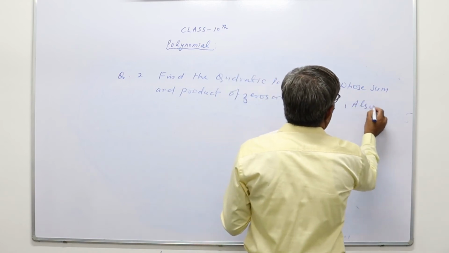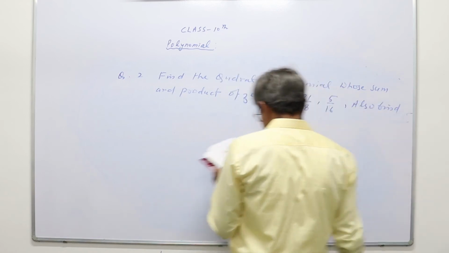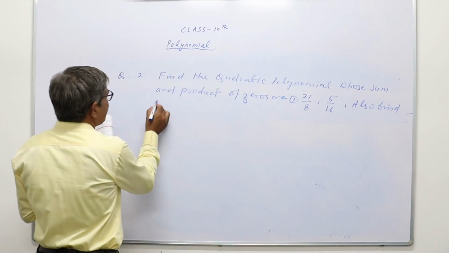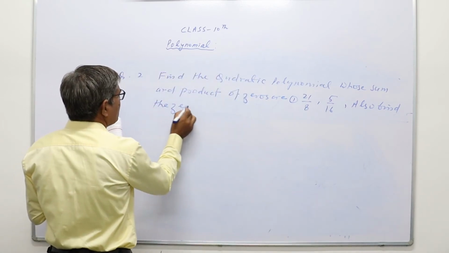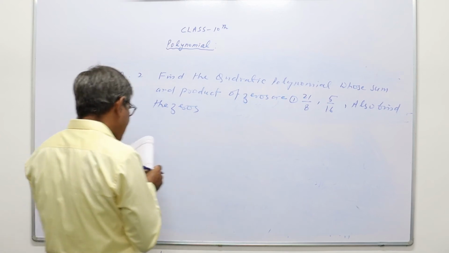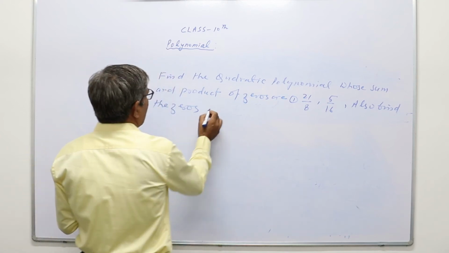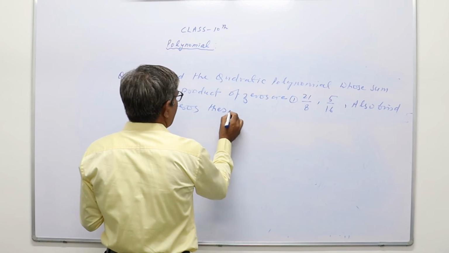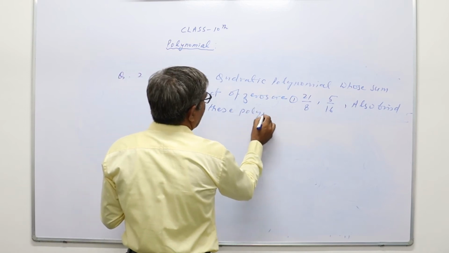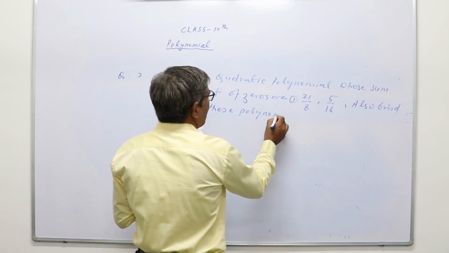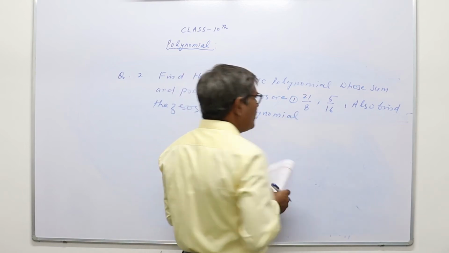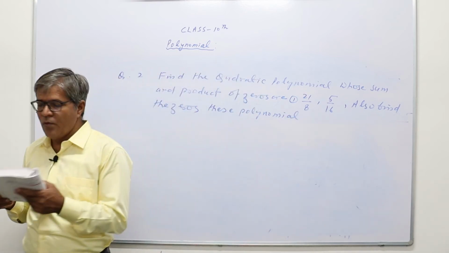Also find the zeros of this polynomial. So in this question, what do we have to do?